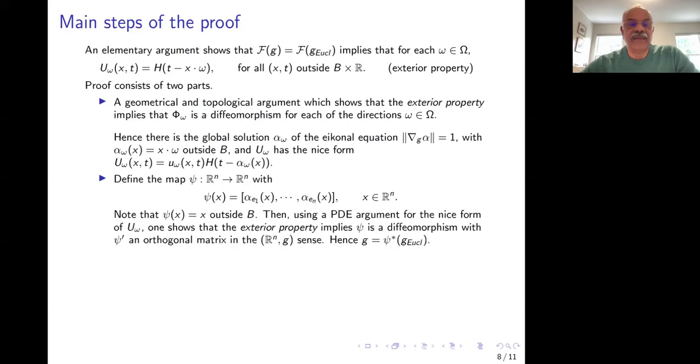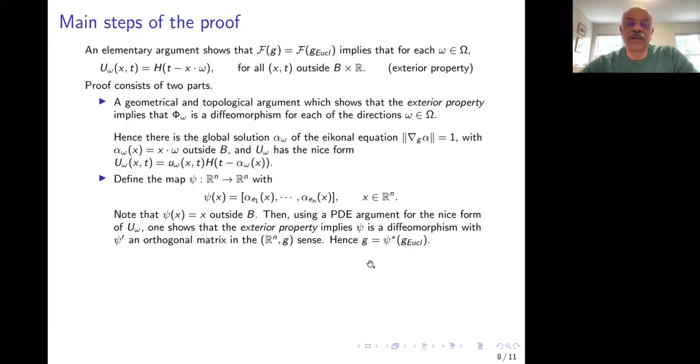And notice that, because of our assumption about this, psi of x is outside B. Then using a PDE type argument for this nice form, and this exterior property, one can show that psi is a diffeomorphism, and psi prime is an orthogonal matrix with respect to this Riemannian metric G. And that is enough to prove that G is psi star of the Euclidean metric.